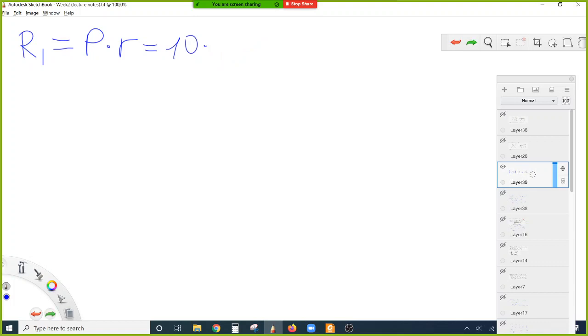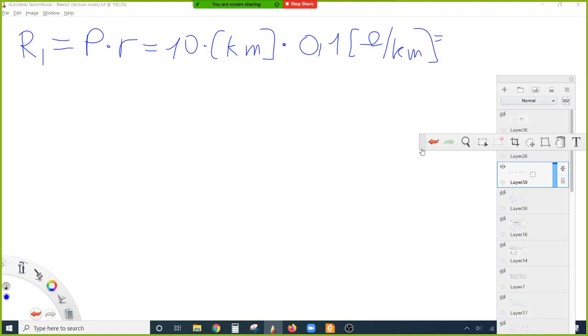In this case, we need not convert the units, because R is given as 0.1 ohm per kilometer, and kilometer cancels with kilometer and remains only ohm.